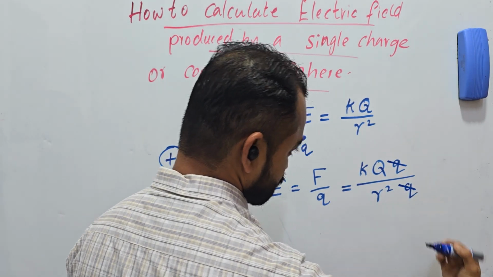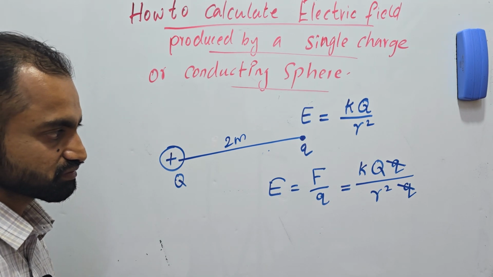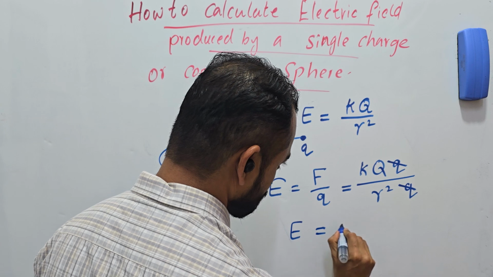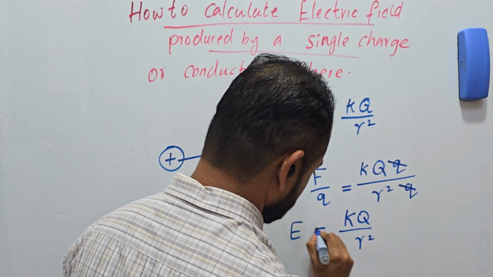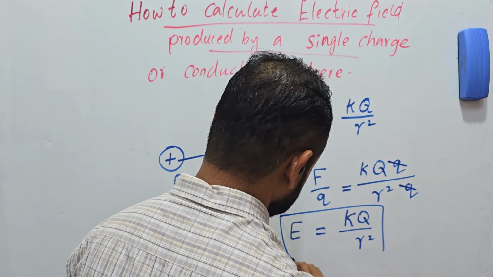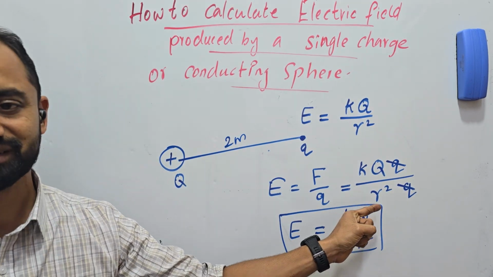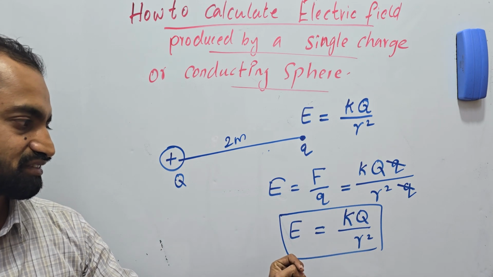They will cancel. Correct? So what is remaining? Electric field is equal to K into Q divided by R square. Is there a test charge in this equation? There is no test charge.